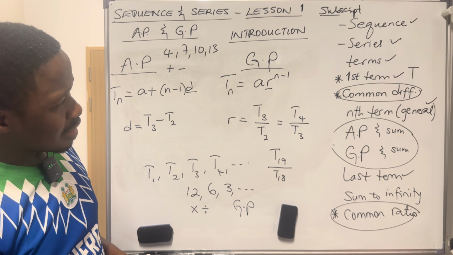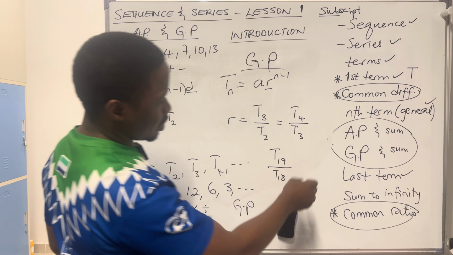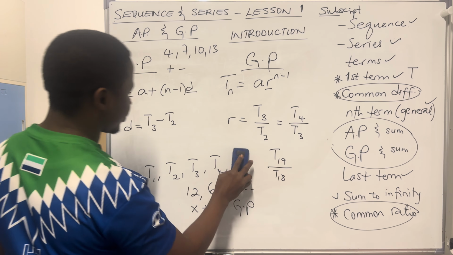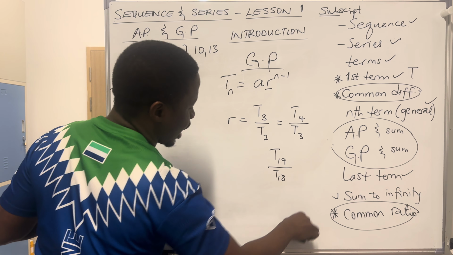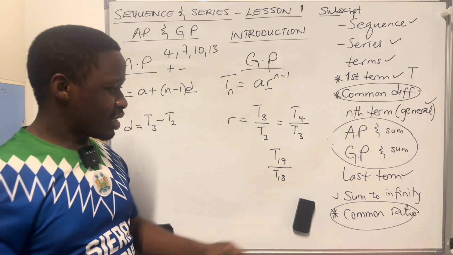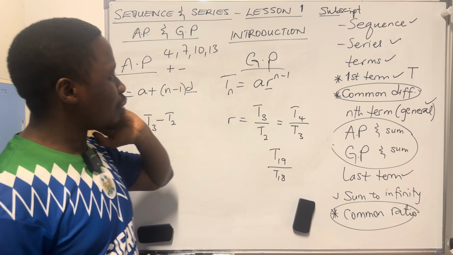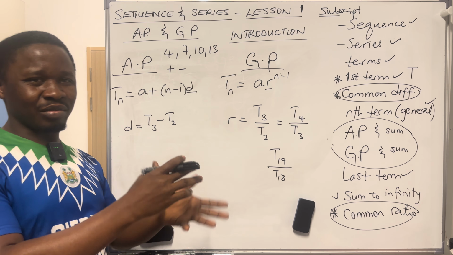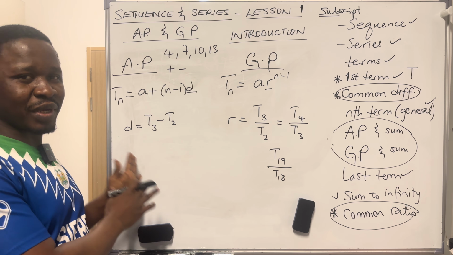Okay. What is again the sum to infinity? Basically, the sum to infinity is applied to what? To GP. It doesn't mean that we don't have it in AP, but there is an advanced aspect of it.